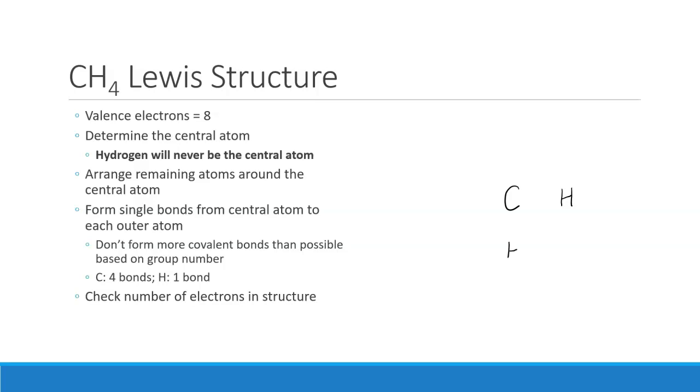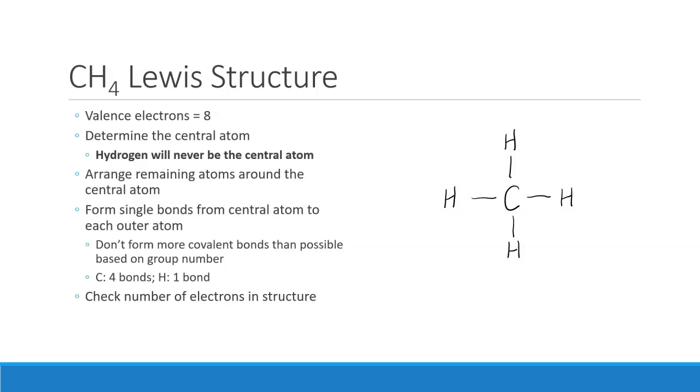So 1, 2, 3, 4 hydrogens. Once I've added all the atoms in the system, next I want to start forming single bonds from the central atom to each of those outer atoms. So I'm going to connect that carbon to each hydrogen.